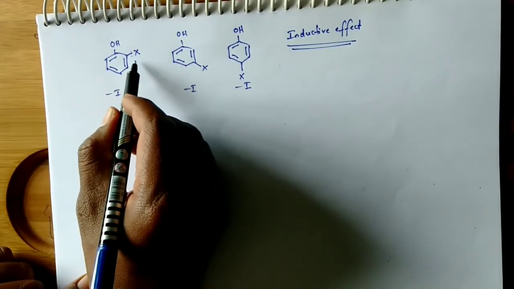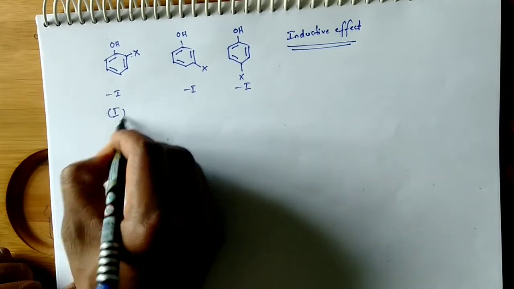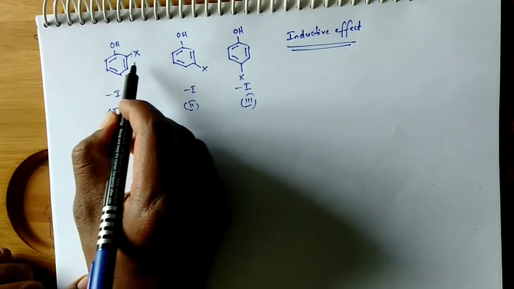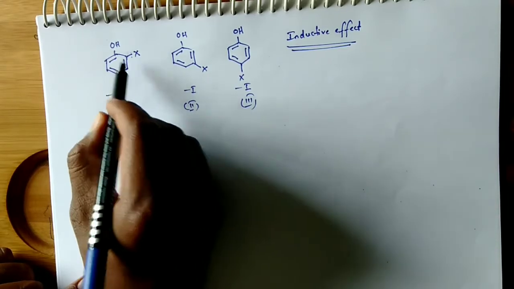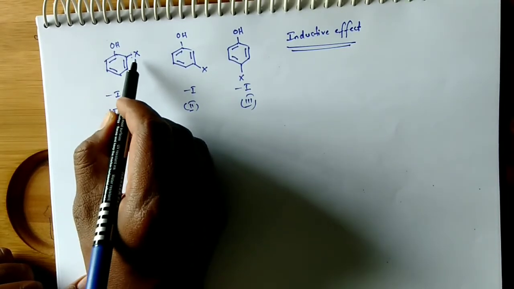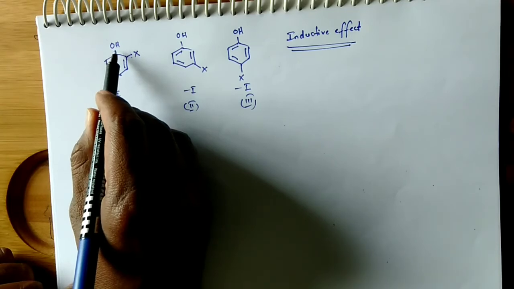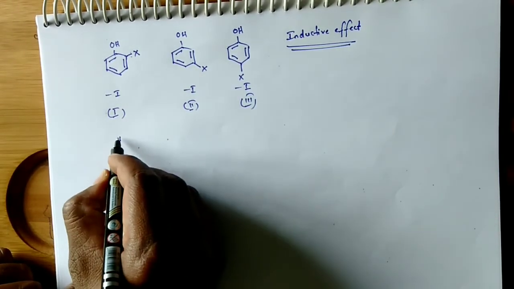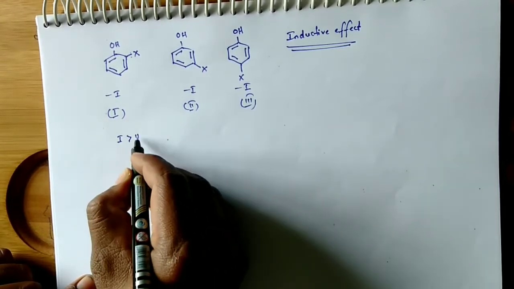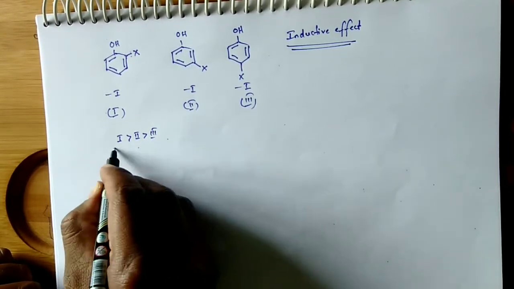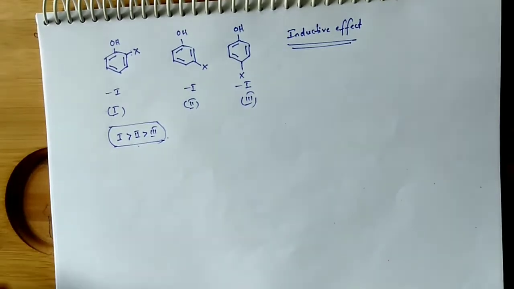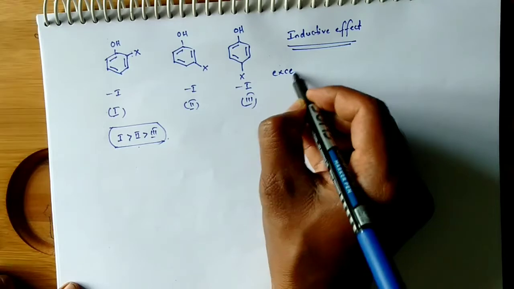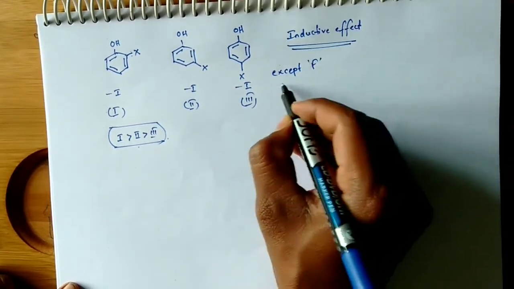So in the case of the first one it is stabilizing more. In the first case the phenoxide ion is more stable because the minus I group is very near to the negative charge. So in the first case it is more acidic, after that the second one, after that the third one. Okay, this is the acidic strength order when a halogen except fluorine is present on the phenol.